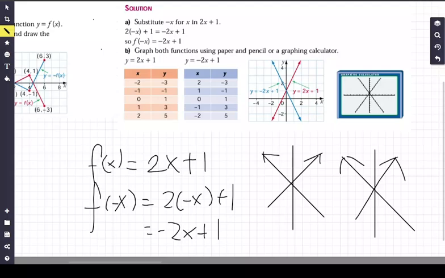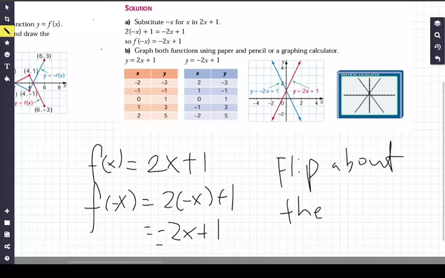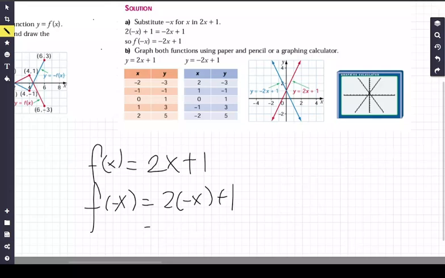So when you have a negative value inside here, it's a flip about the y-axis. That's not how you spell axis, but you know what I mean.